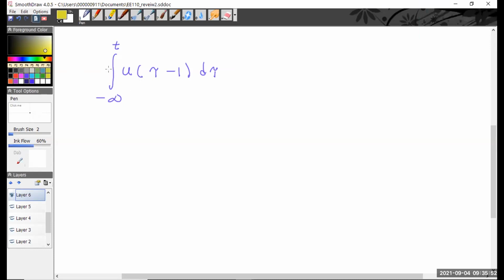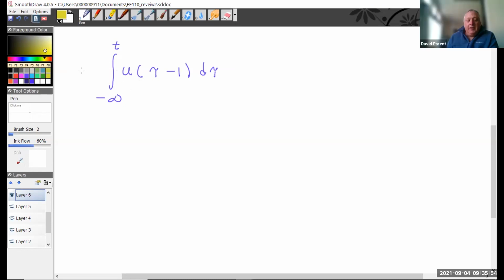So here's the thing. All right, I want to find a function in time, f of t. Right? So I'm integrating f of t. So, here I am, u of tau minus 1, right? So how do I deal with that?